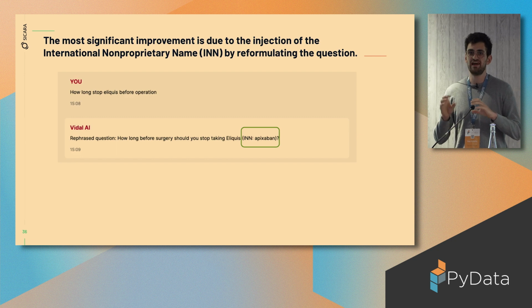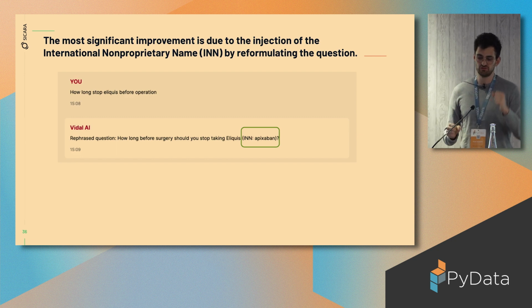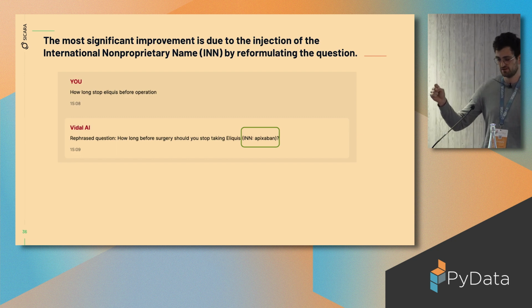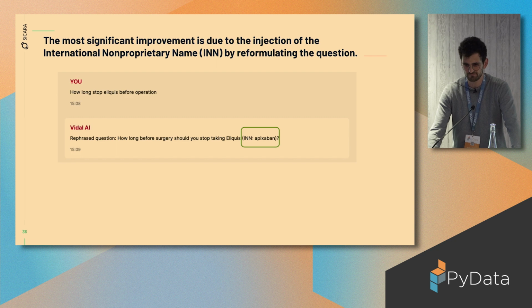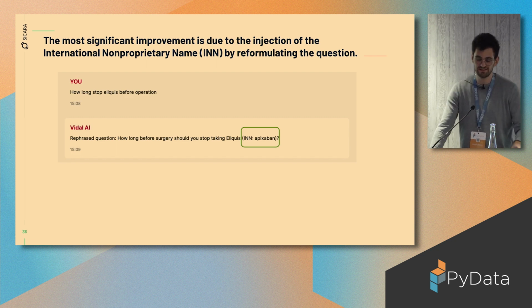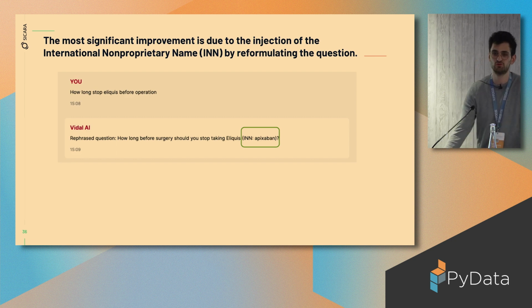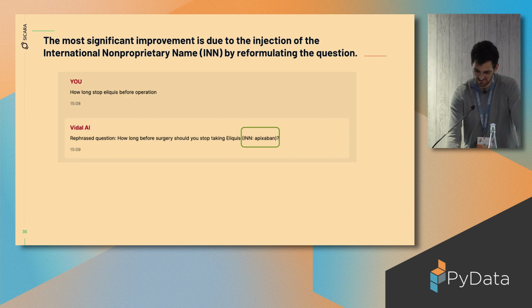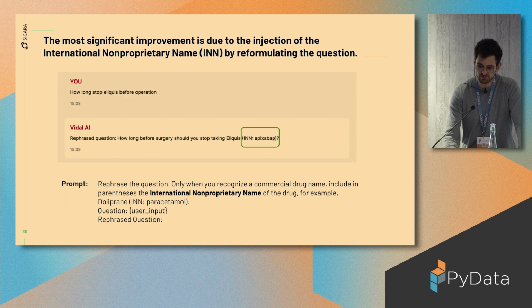So while an LLM can make the link between Eliquis and apixaban, an embedding model cannot. So putting that into your retrieval context really helps the retrieval process. And this was the associated prompt, asking to rephrase using the INN.